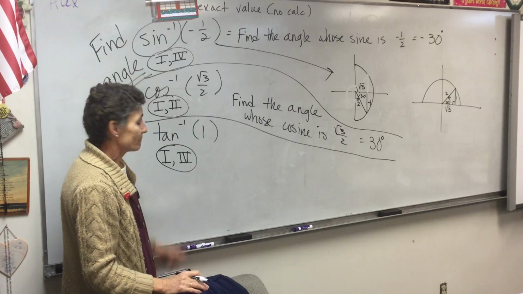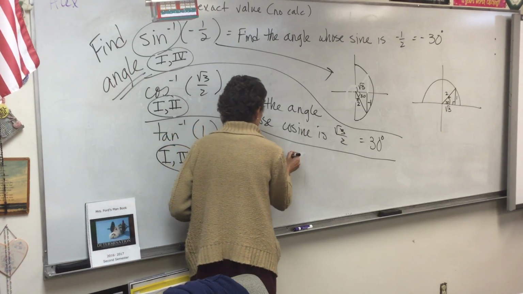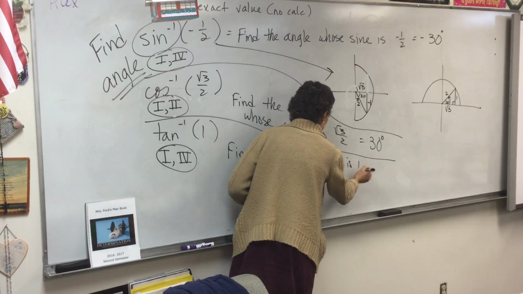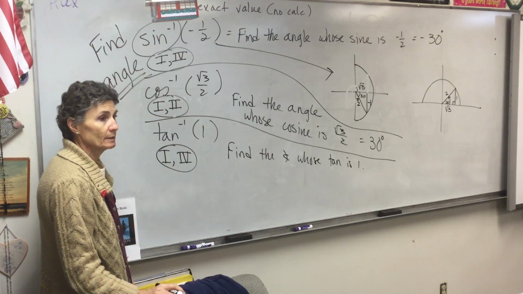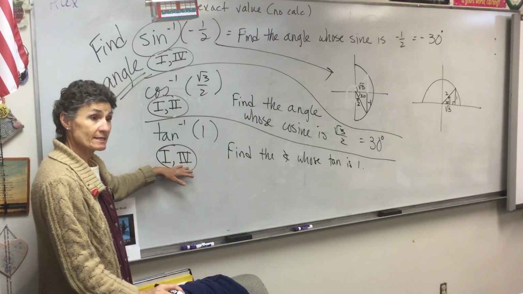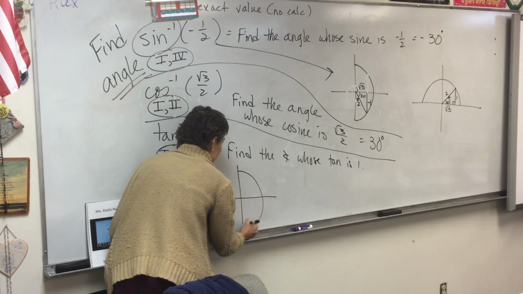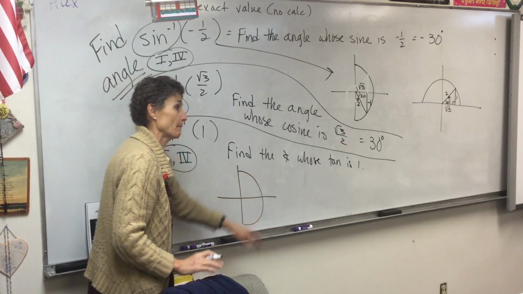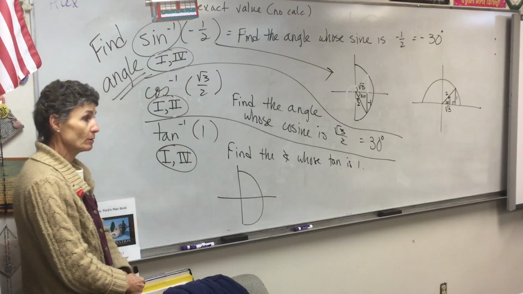Tangent, find the angle whose tangent is 1. That's what it says. Tangent is like sine. It's a right side function, so we draw on just the right side. These are my only options. That's a positive number.